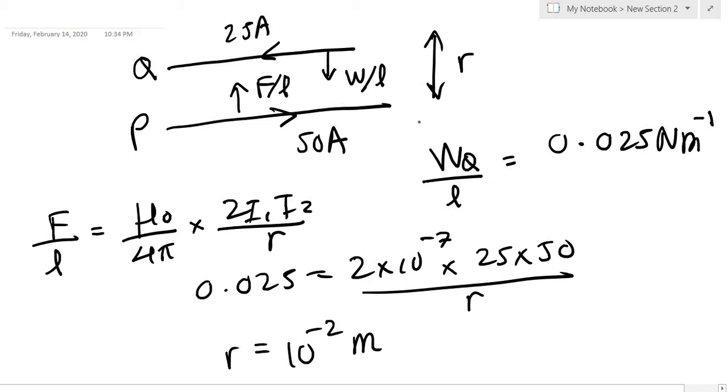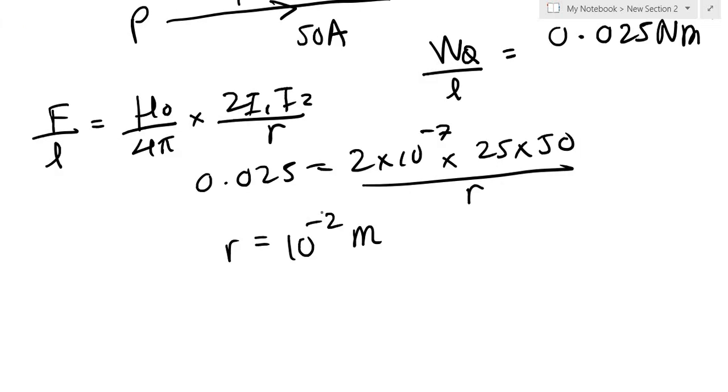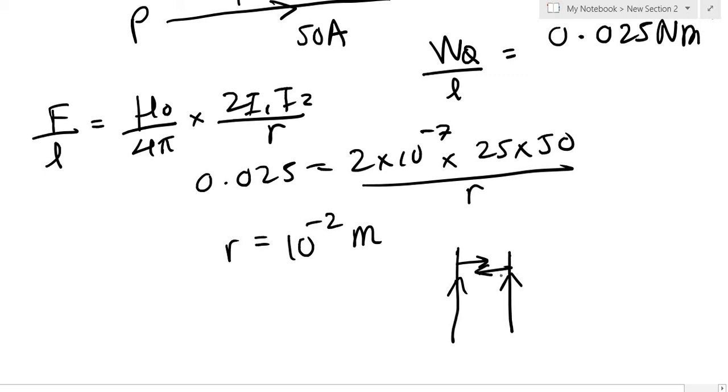Now one thing I forgot to mention in the last article is that if you have two parallel wires with the current in the same direction, then the force between them will be attractive. But if you have two parallel wires with directions of current opposite in each of them, then they would experience a repulsive force.